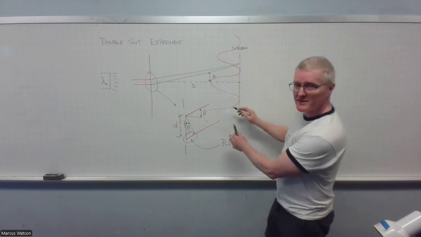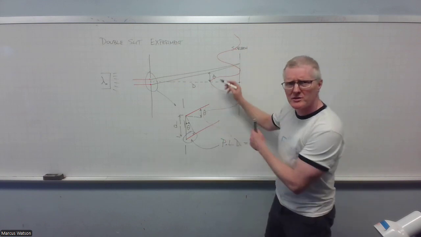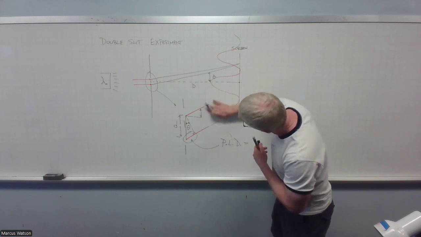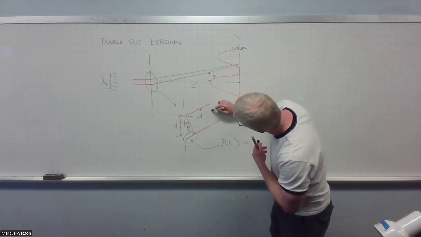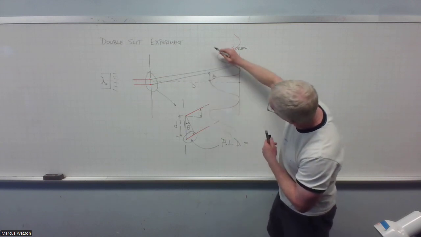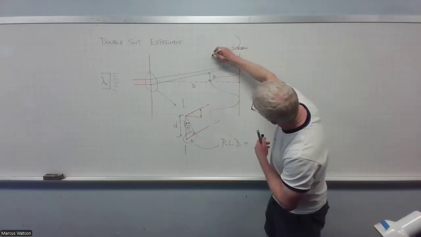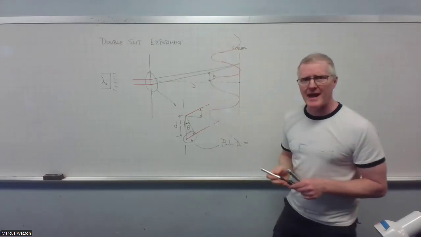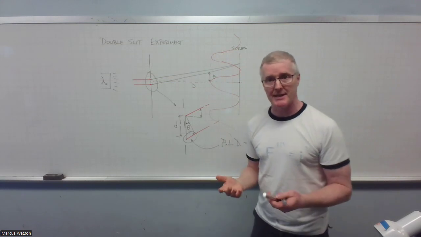I don't know if that looks right, it is a little bit higher. It should be the same size as the central one, so it should go like that. So these are all kind of lined up. I got that one a little bit lower. That one should kind of come up a little bit. Okay, so that is the pattern of the double slit experiment.